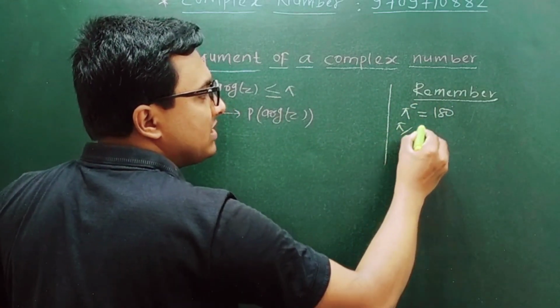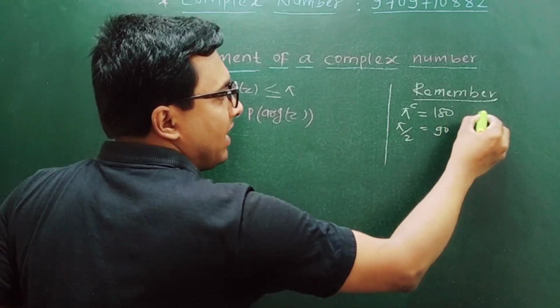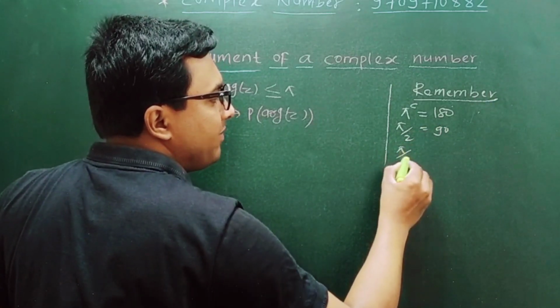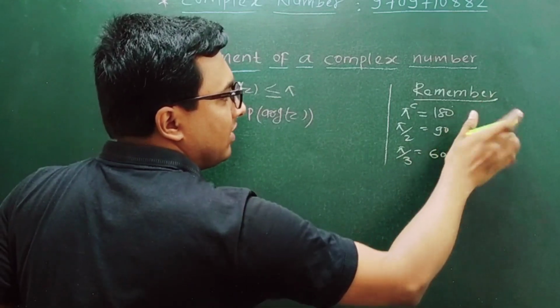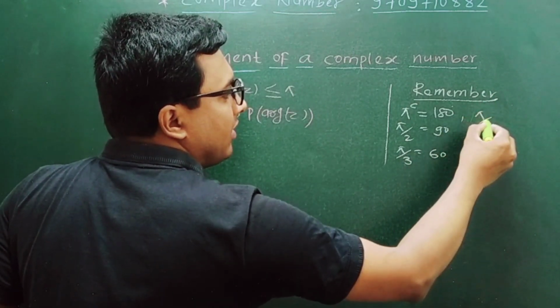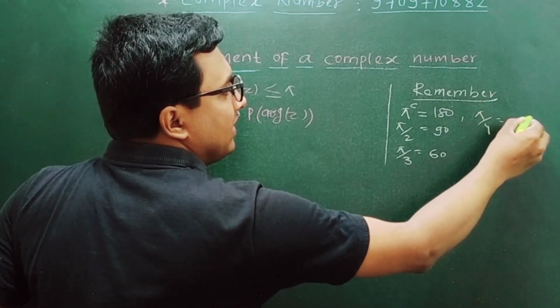Pi by 2 means 90 degrees. Pi by 3 means 60 degrees. Pi by 4 means 45 degrees.